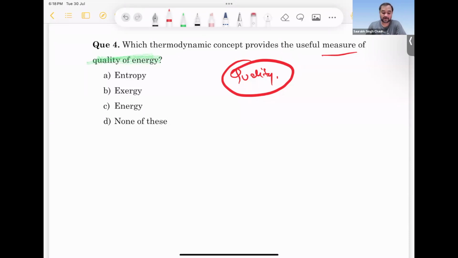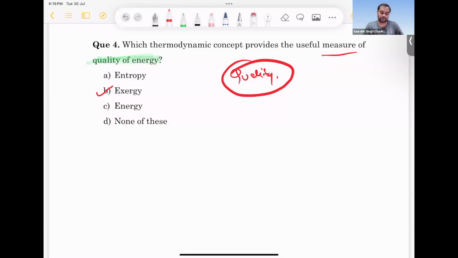This is related to the second law of thermodynamics. So is it entropy, exergy, or energy? It is exergy. Exergy is actually the measurement of work potential.